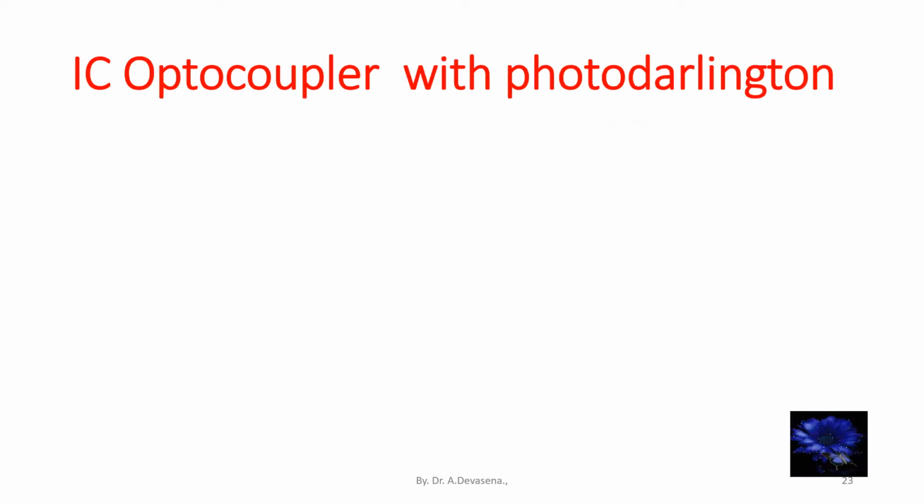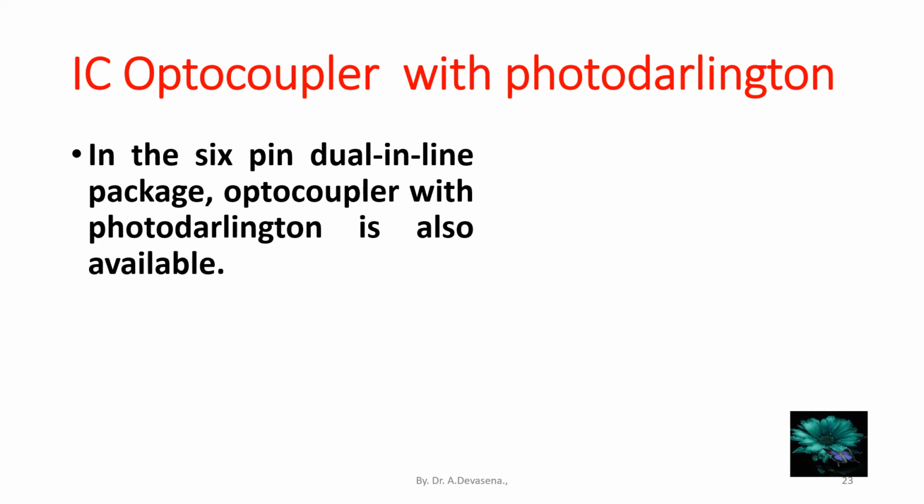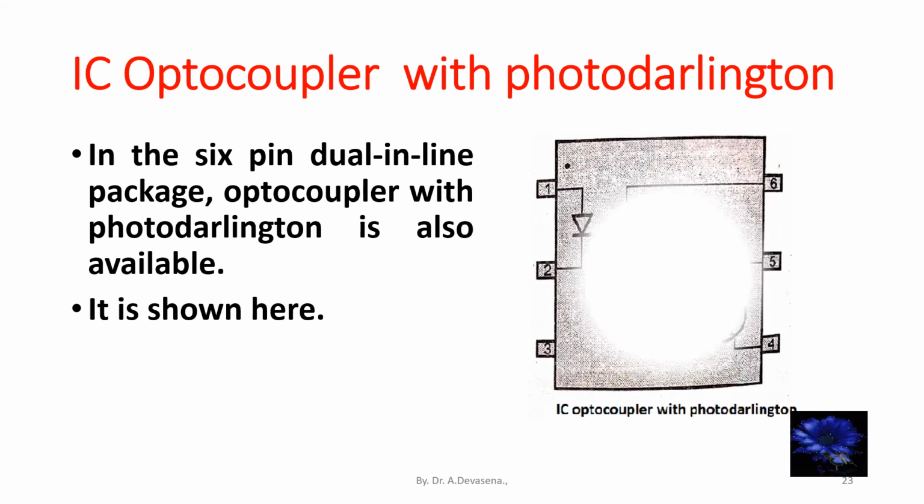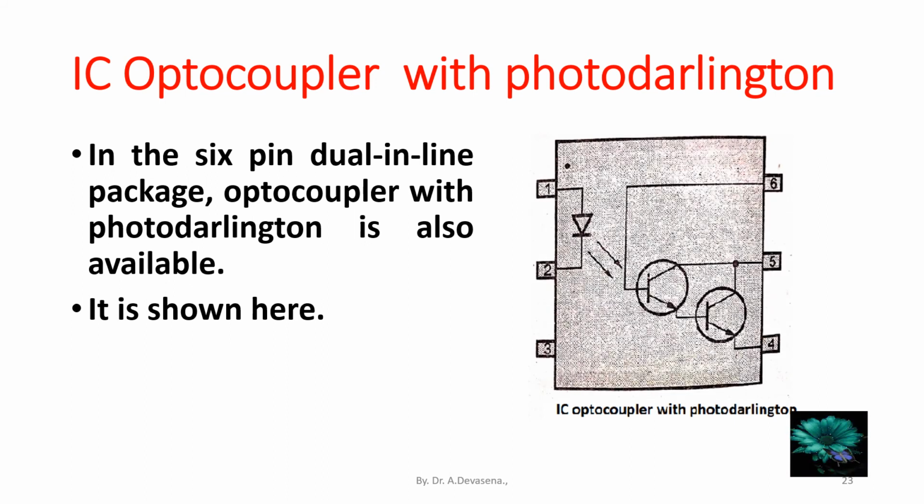IC optocoupler with photodiode. In the 6-pin dual inline package, an optocoupler with photodiode is also available. It is shown here. It is a 6-pin dual inline IC.